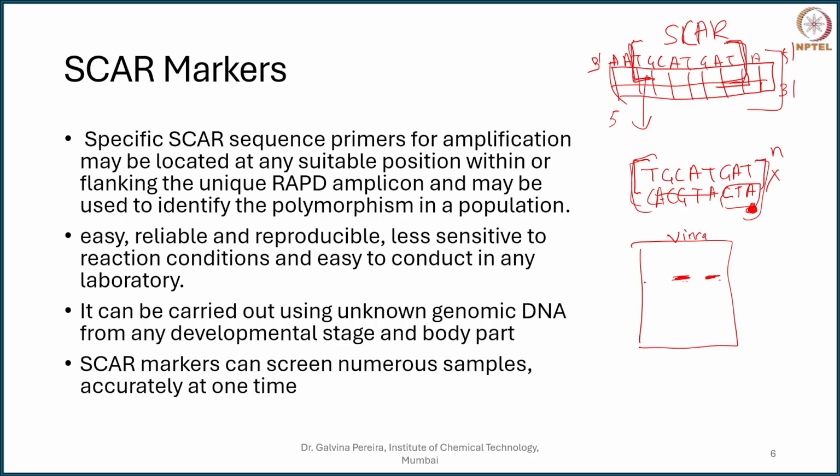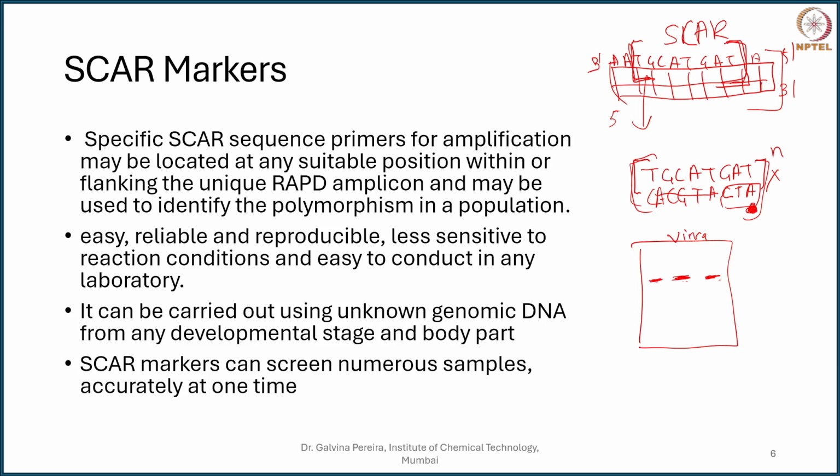Tomorrow even if I get a formulation which has Vinca, I will do the same thing. From that formulation I will extract the DNA, use a polymerase chain reaction with this as a known primer, and then check whether anything from that sample DNA is binding to this radio label. If it is binding, that means my formulation also has a Vinca sample.